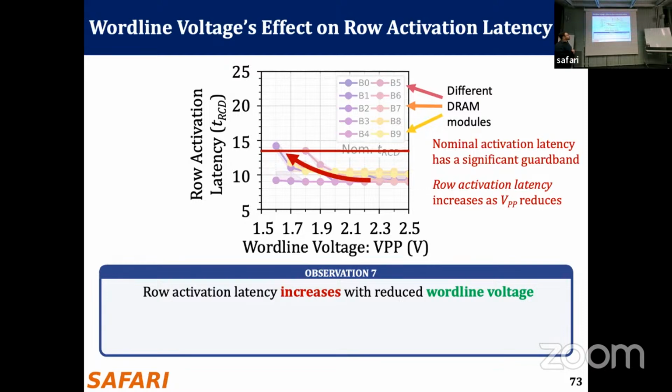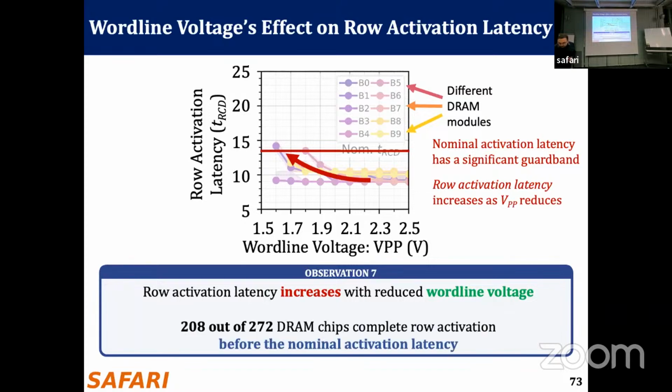But also, there is some nominal activation latency that is defined in the data sheet of the module, and it's already significantly higher than the actual activation latency that we observe. And this has some significant guard band.